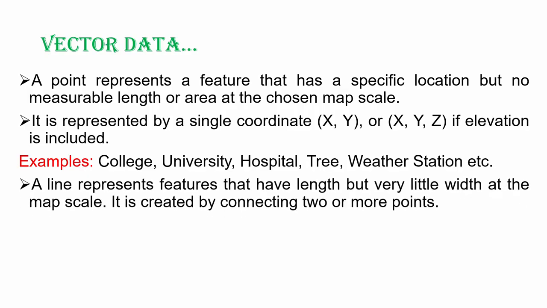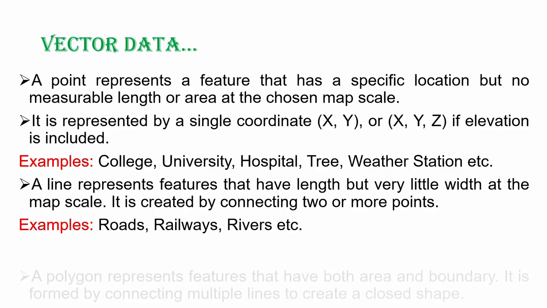A line. A line represents features that have length but very little width at the map scale. It is created by connecting two or more points. Roads, railways, and rivers are the best examples of line data.